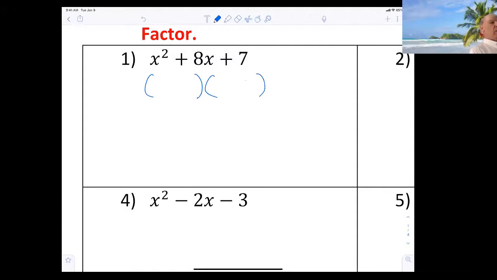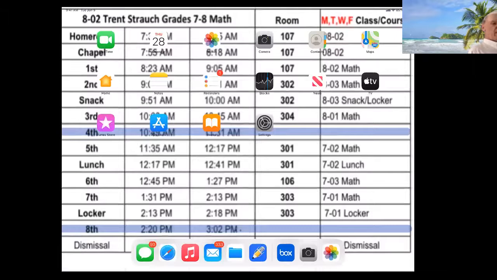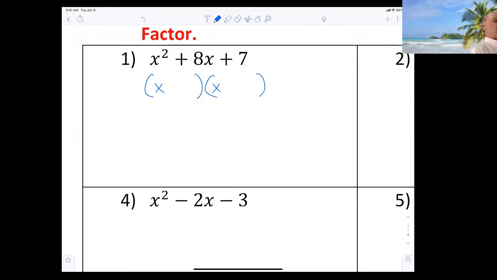Now, what's the only way to make x squared? That's right, x here and x here. Now, I need everybody to say this. What are the factors of 7? Someone tell me the factors of 7. There's only 1 and 7, so that's the only possible answer.